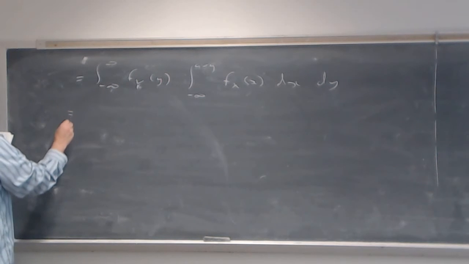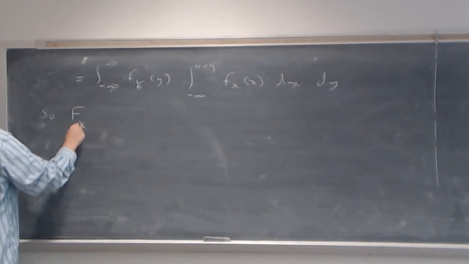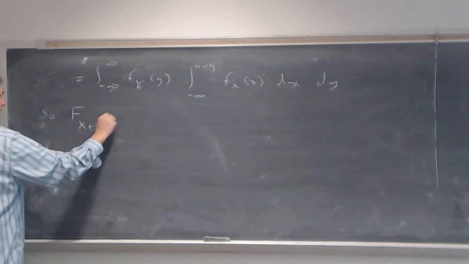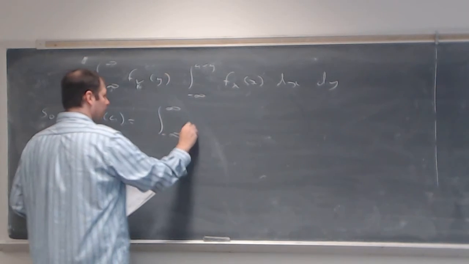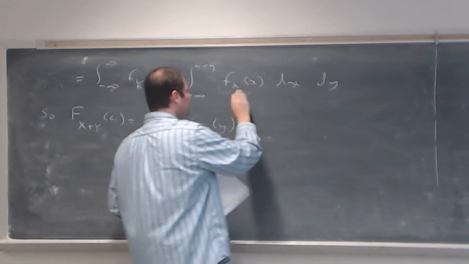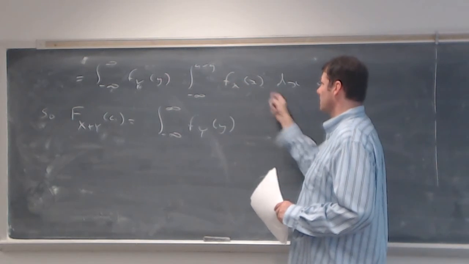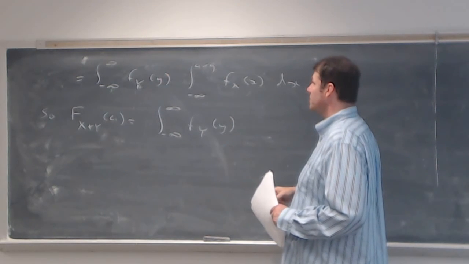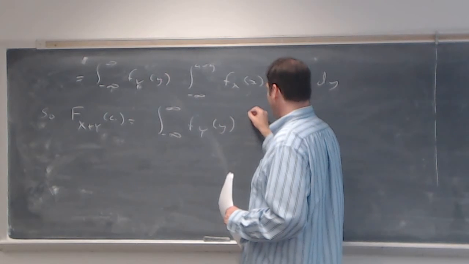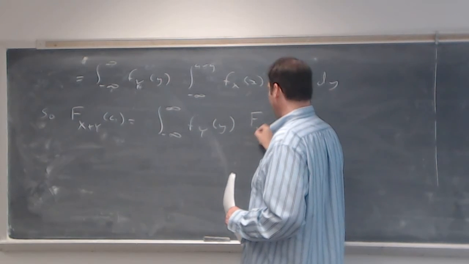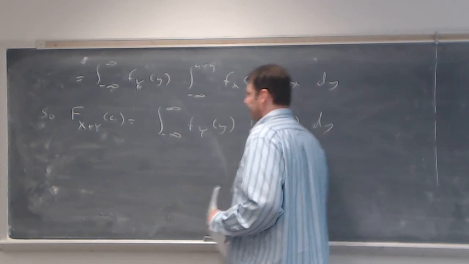And then this could be rewritten. Remember what we're talking about. We're talking about the CDF of x plus y of a. This is equal to the integral from minus infinity to infinity of f sub y of y. Here, when you integrate from minus infinity up to something of f sub x, what you're doing is finding the probability that x is less than this. So that's the CDF of x evaluated at a minus y, dy.